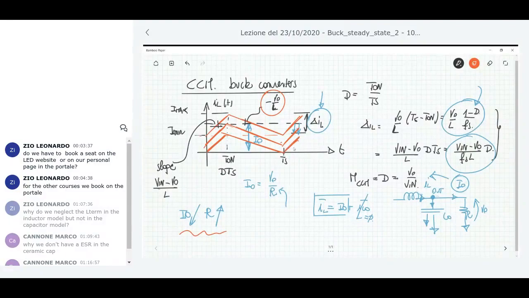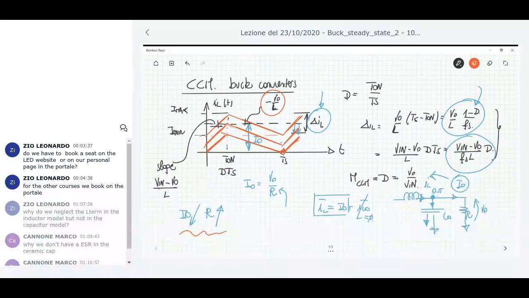Decreasing the output current, so increasing the resistance at the output, eventually comes a situation in which you have a point in which the current goes to zero. This is the minimum possible inductor current that you can have in continuous induction mode.